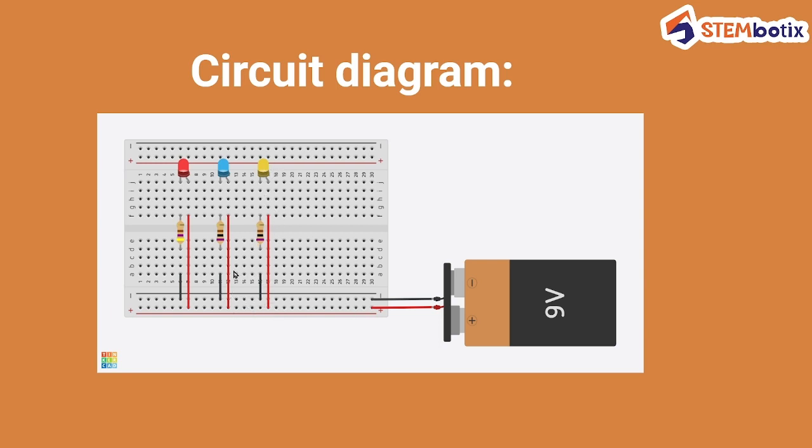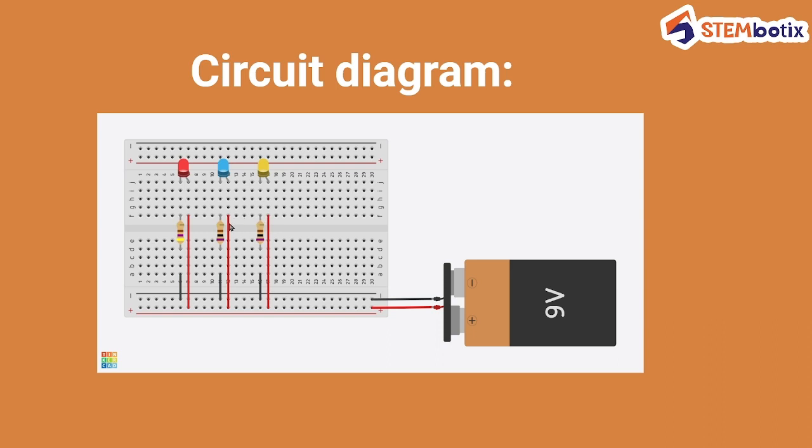Your current has three different paths, which means the current entering here will be divided into two other paths also. So in a parallel connection, your current has more than one path to flow through.